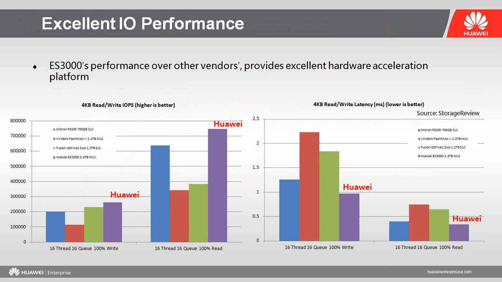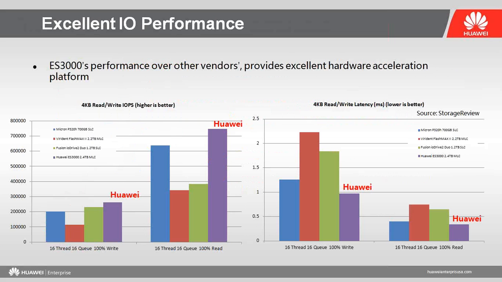Now I'm going to show you a few charts. On the left-hand side you want the higher bar, and Huawei is ahead of all of its competitors in write and read IOPS. On latency, on the right-hand side, you want the lower bar, and that's where Huawei has excelled in write latency.